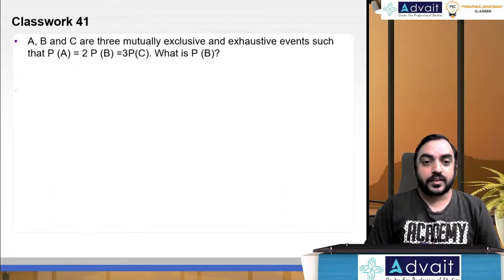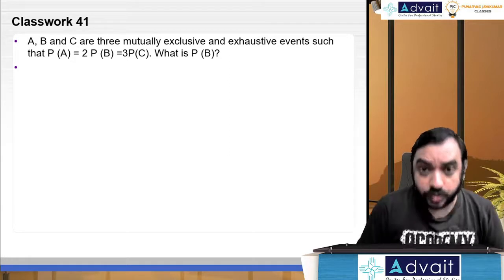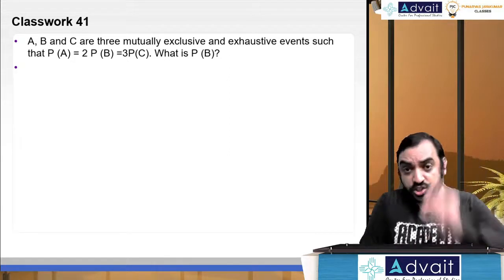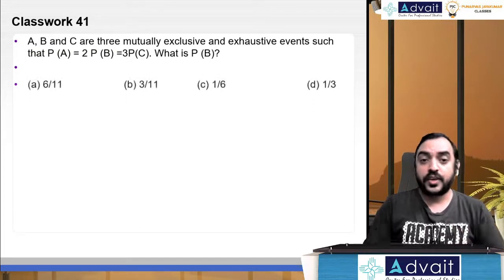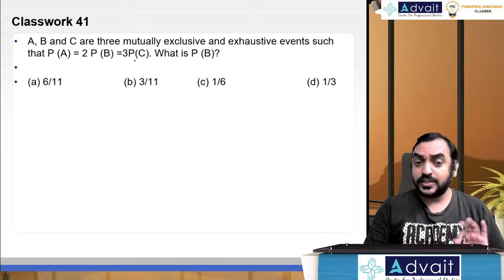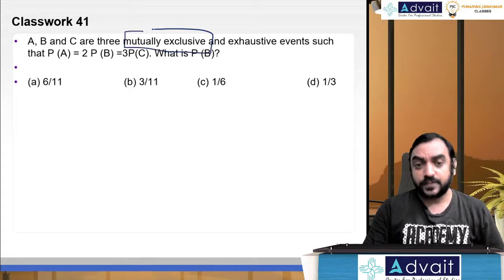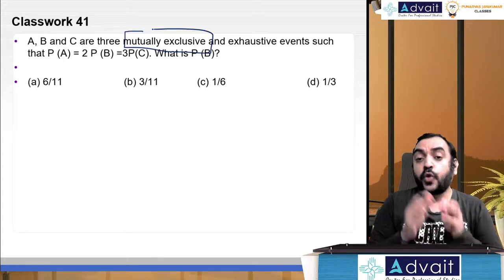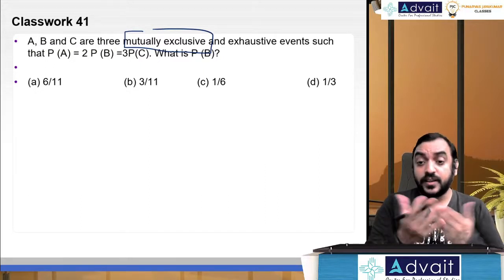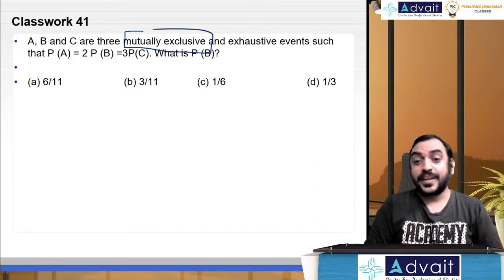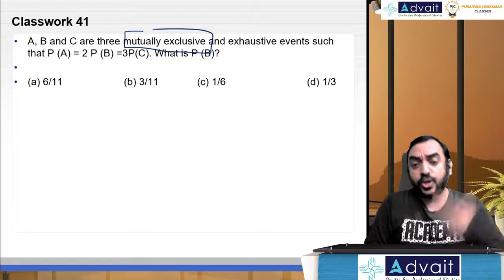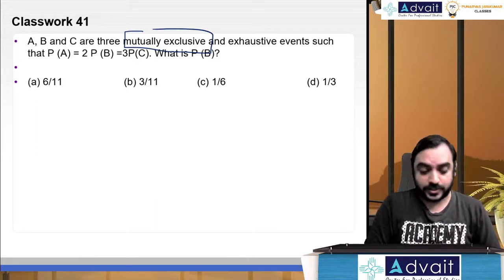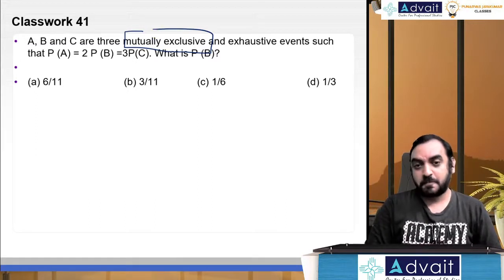If A, B, C are mutually exclusive and exhaustive events such that probability of A is equal to probability of C, then what is probability of B? Okay. Now, can you tell me what is the importance of mutually exclusive? What will happen to the intersection sets, A intersection B, B intersection C, A intersection C, when they are mutually exclusive?